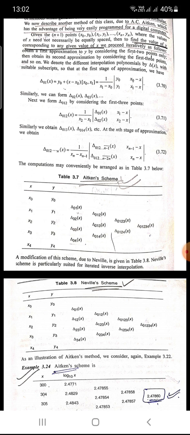So at the nth stage of approximation we obtain del 0 1 2 3 4 up till n x, which is equal to 1 upon xn minus x(n minus 1) times the determinant of del 0 1 2 up till n minus 1 x, del 0 1 2 up till n minus 2, n x, x(n minus 1) minus x, xn minus x.